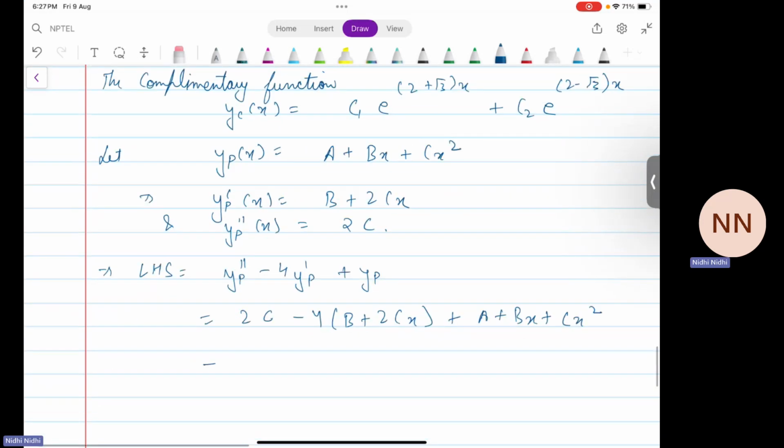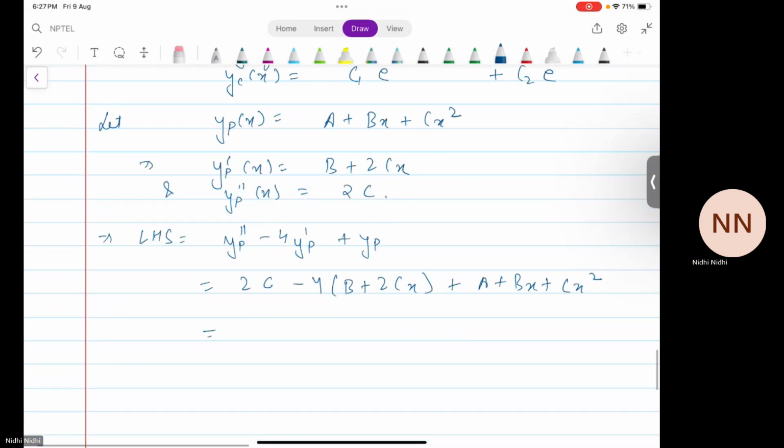So we'll just separate the coefficients of x square and the constant term. Here we have with x square just c, with x we have minus 8c plus b, and the constant terms are a minus 4b plus 2c.